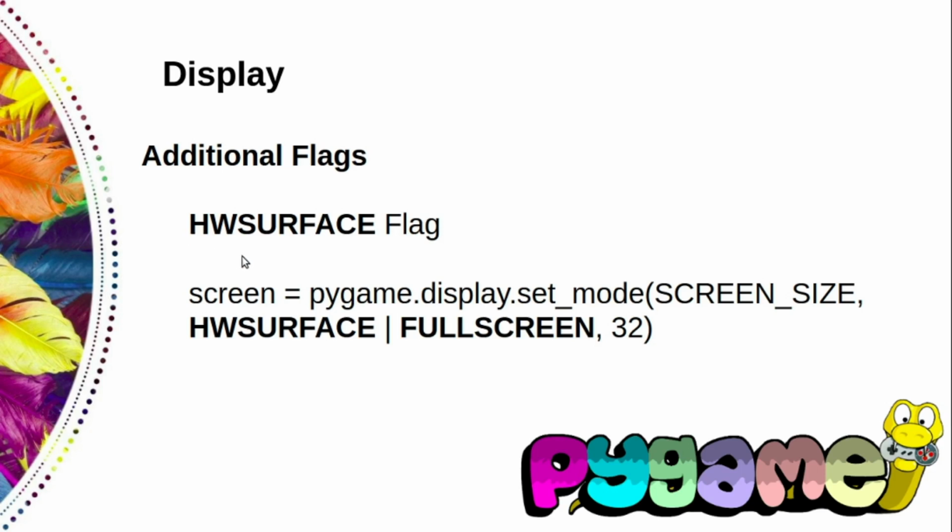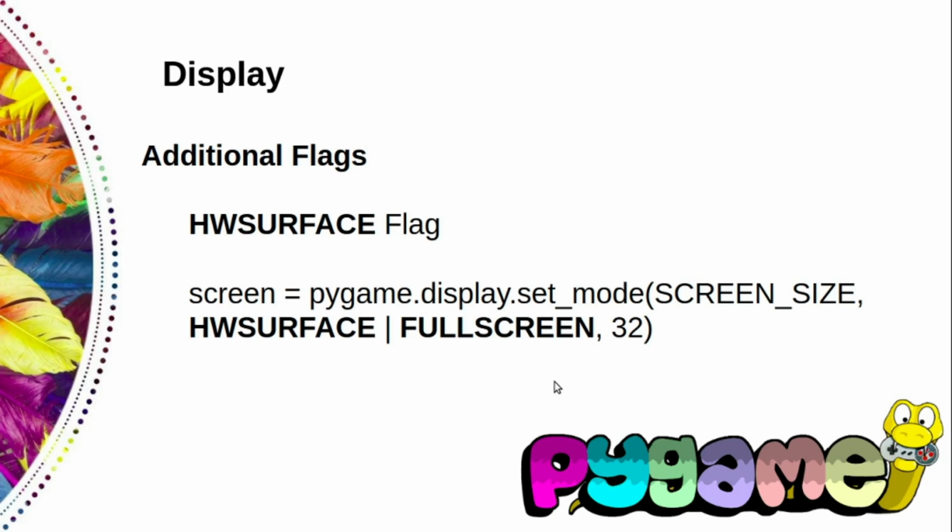So yeah, if you set the HWSURFACE flag, basically this flag creates what is called a hardware surface. This is a special kind of display surface that is stored in the memory of your graphics card. It can only be used in combination with the FULLSCREEN flag.